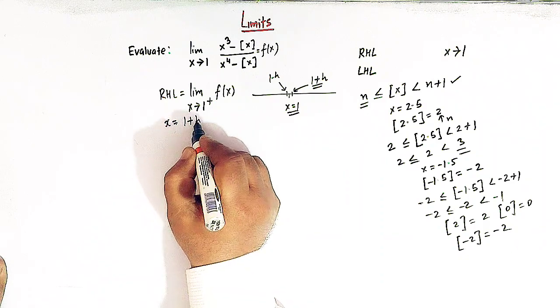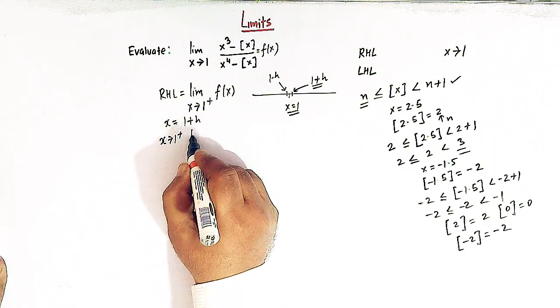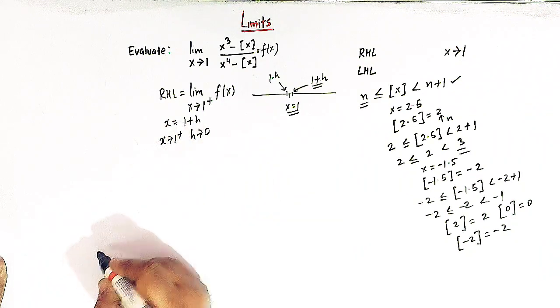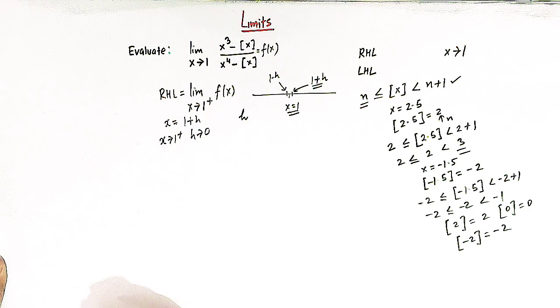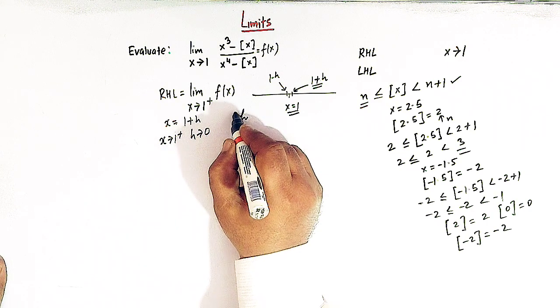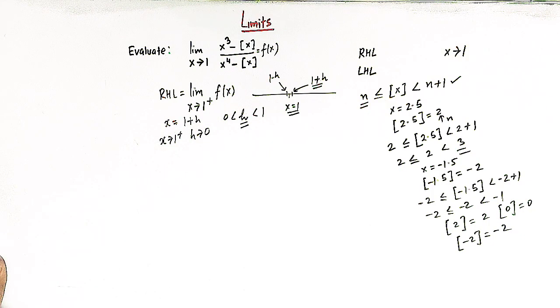We make this substitution, and when x tends to 1, obviously h tends to 0, and this quantity h is infinitesimally small, greater than 0 and less than 1. So h is a very small quantity.